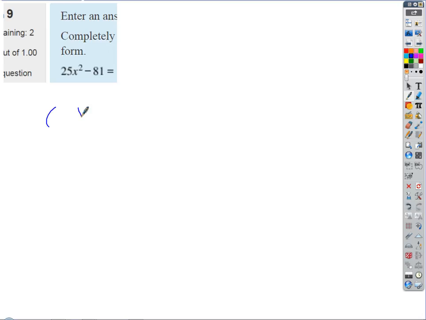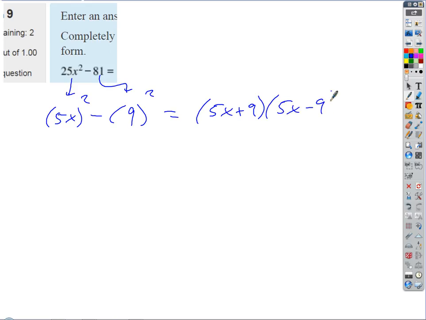Can we write that as something squared minus something squared? What is the 25x squared? Is the quantity what squared? 5x. 81 is 9 squared, right? So what's that factor into? 5x plus 9, right?